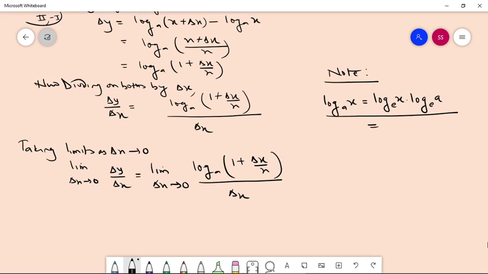Log a x equals log e x times log a e. Now in this step, limit del x tends to 0.